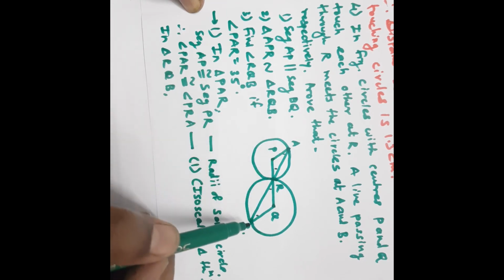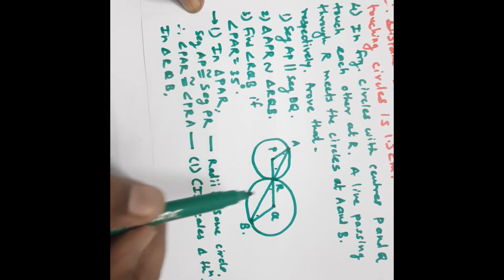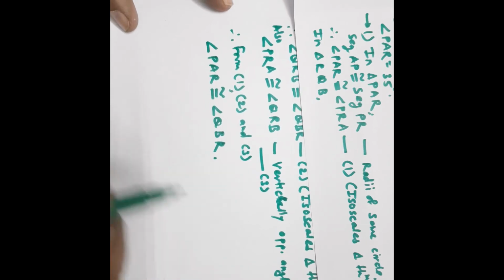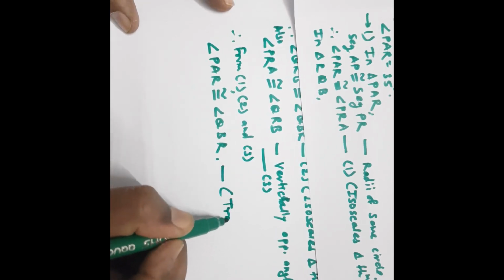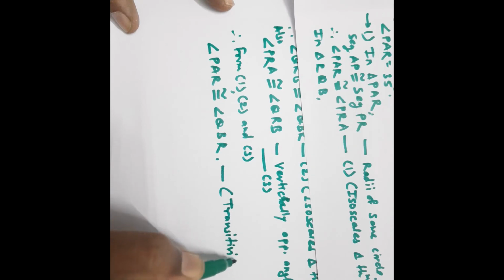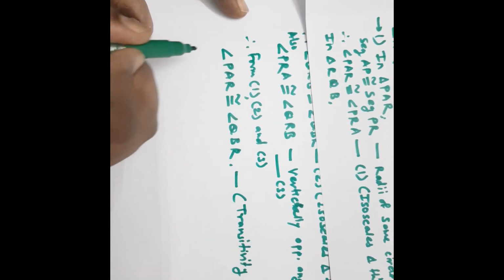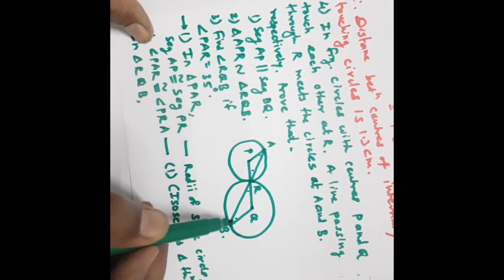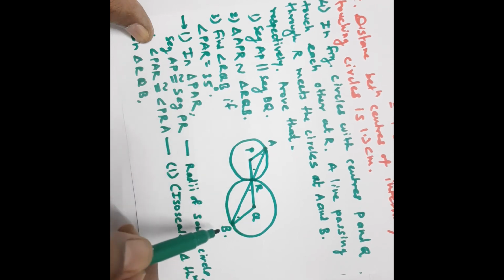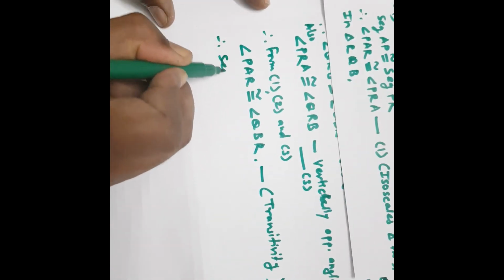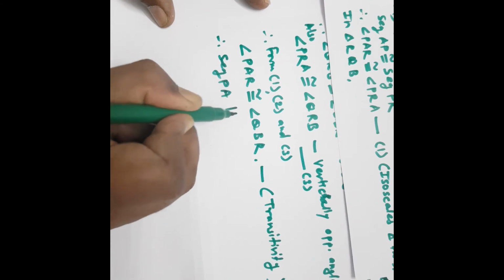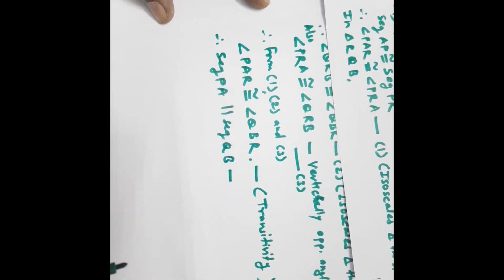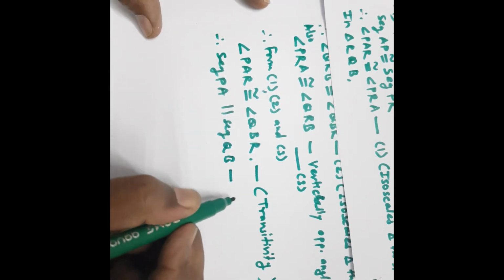Therefore, angle A is congruent to angle B, meaning angle PAR is congruent to angle QBR. This property is called transitivity. Therefore, seg PA is parallel to seg QB, by the alternate angle test.